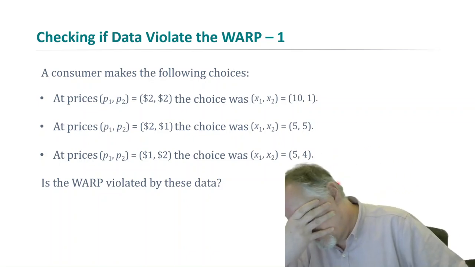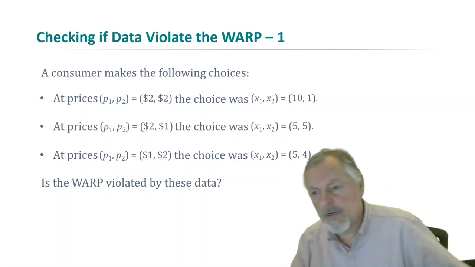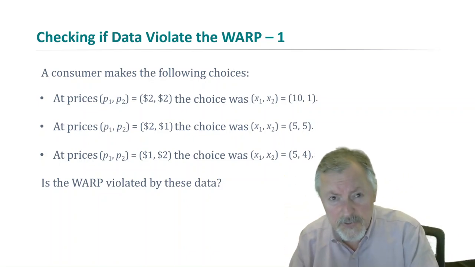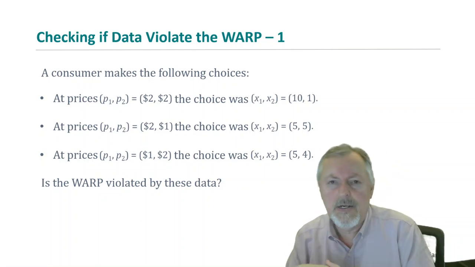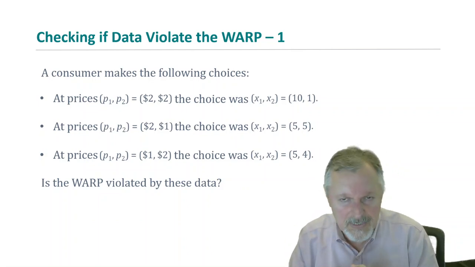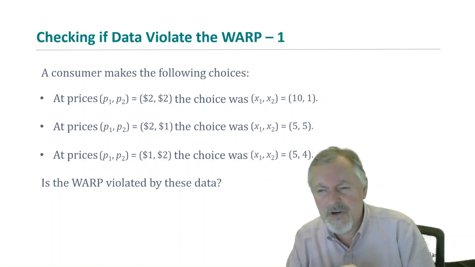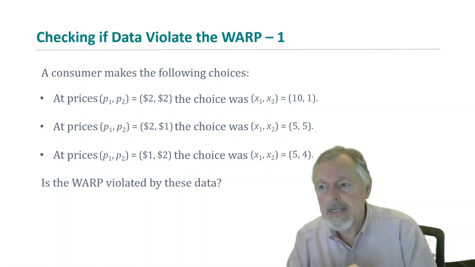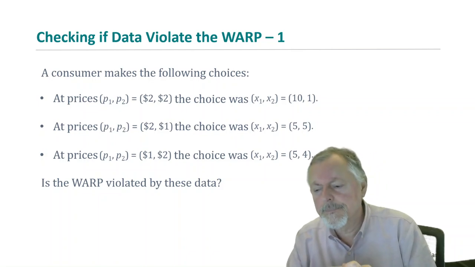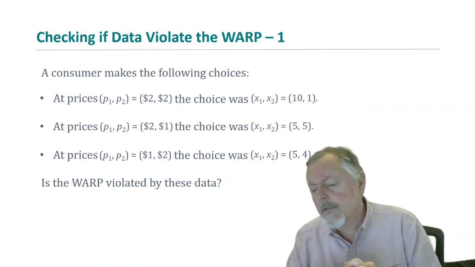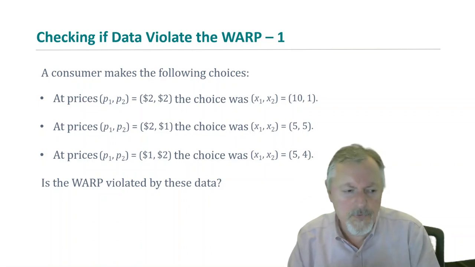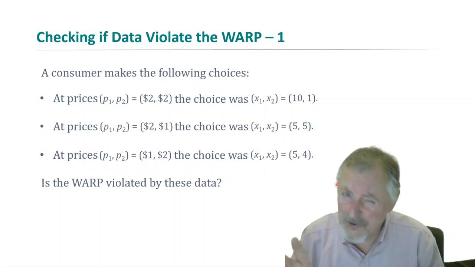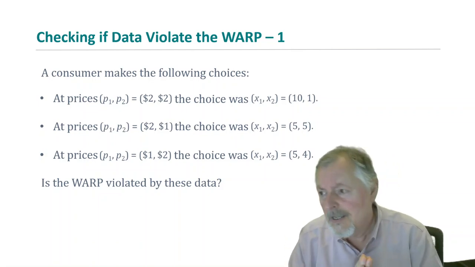The textbook gives a method for, given these choices and these prices, how to calculate whether WARP was violated. That process is very cumbersome. If you want to use it, feel free. First of all, it usually uses software to detect this.